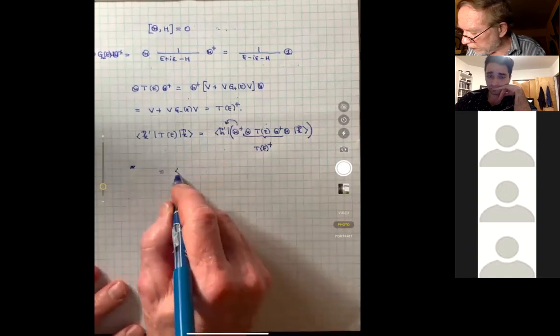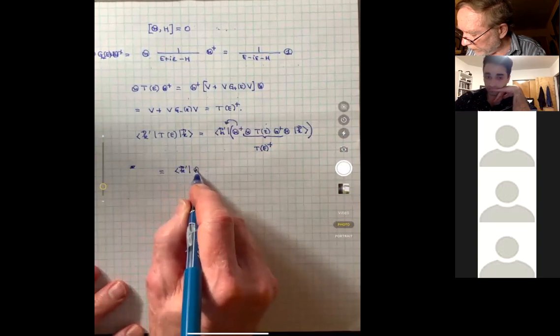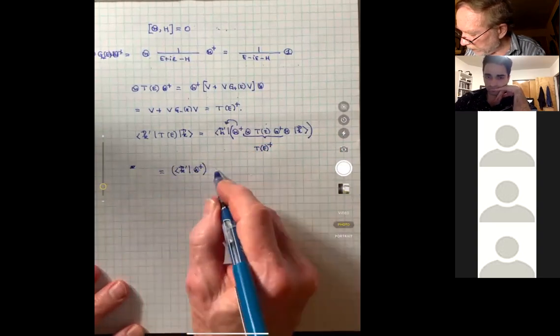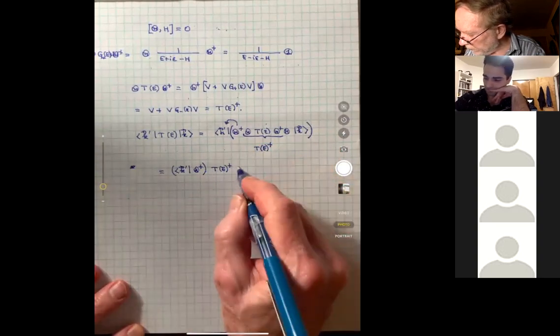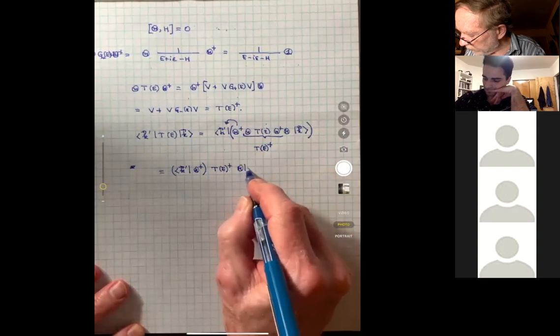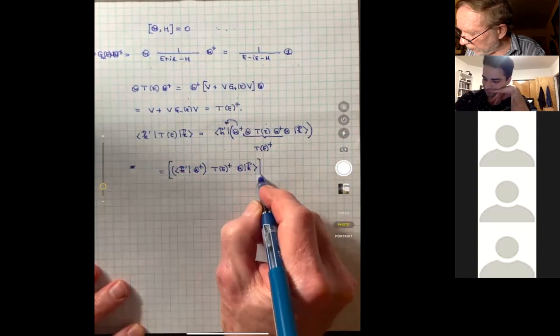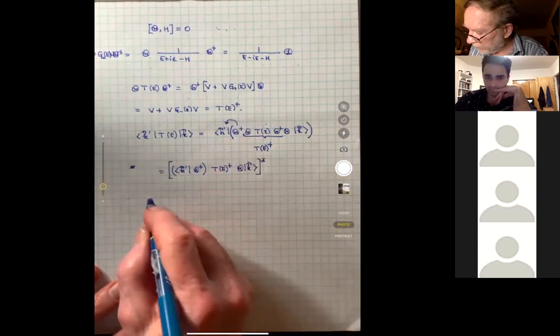So if we do this, what we get is K prime theta dagger, that's acting to the left now. Then we have T of E dagger. And then we've got theta acting on K on the right. And I need to complex conjugate the whole thing because that's the rules that we follow when we change the direction in which theta acts.